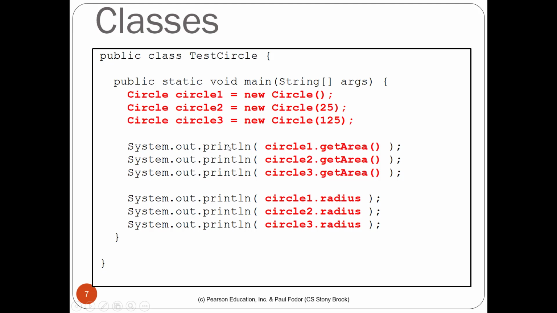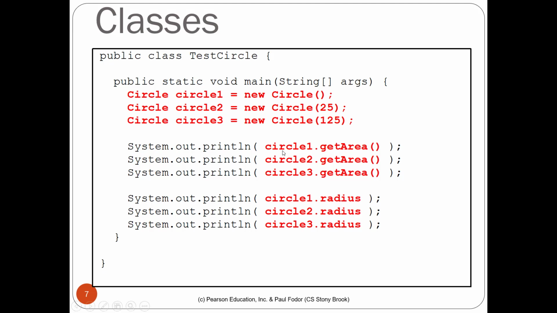If you want to compute the area for the first circle, you will have to do circle1.getArea, because getArea is non-static. So non-static methods are to be accessed using the object name. The details and more definitions are there in the next slide, and I'll explain that. But let's try to understand what we have in this code before we learn the theory.